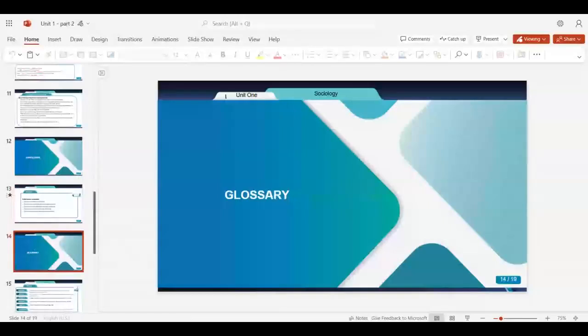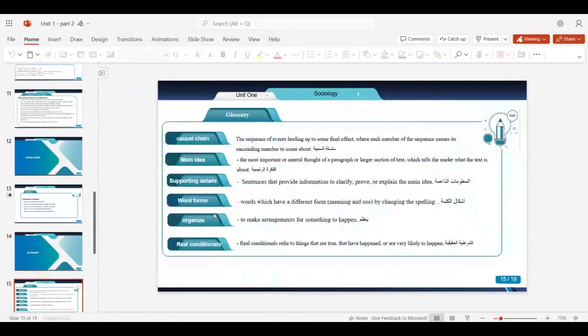We finished the first unit. Here we have some glosses, like causal chains, where we discussed in detail the cause and effect relationship. For every effect we have some causes. It is the sequence of events leading up to some final effect, where each member of the sequence causes its succeeding member to come about.